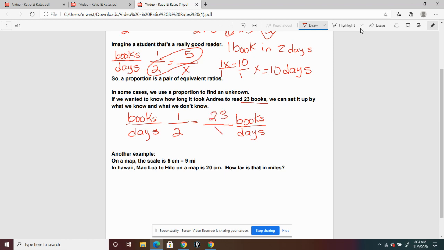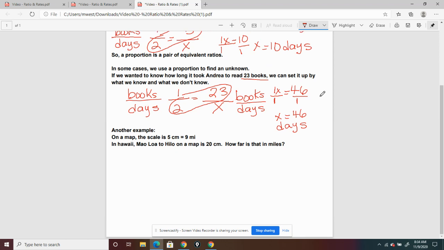And what we don't know, we use the variable X, or any letter. If we circle these two, we get 1x equals 46. Isolate the x by dividing by what's with it, which is 1. And x equals 46 days. So it's pretty simple, if you can get it set up.